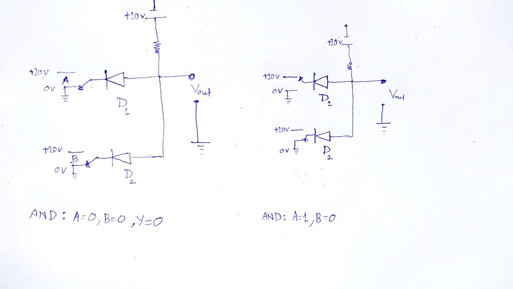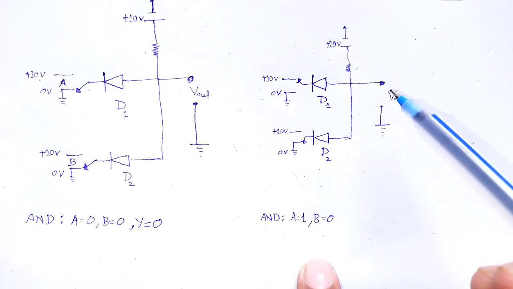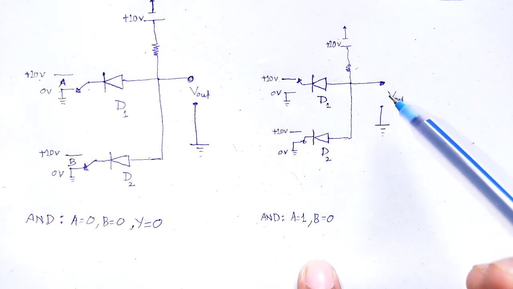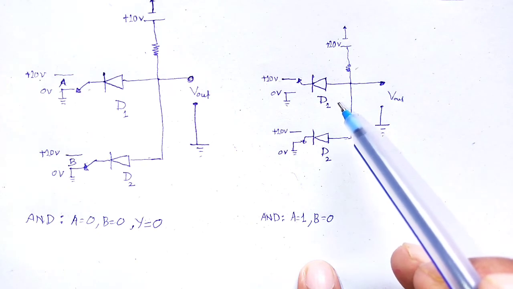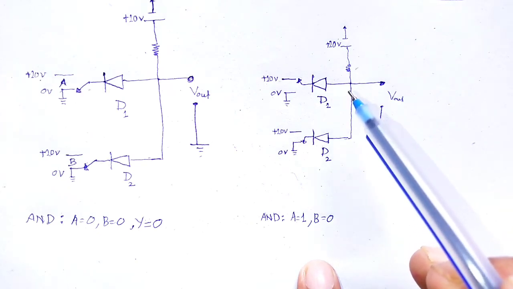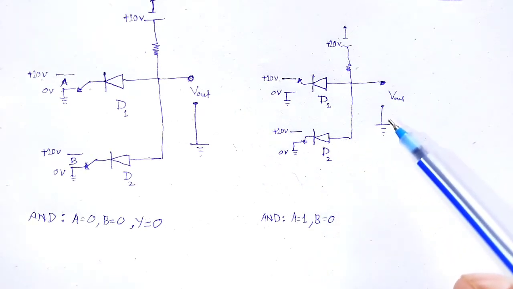At that situation, here on output we have 0 potential, since the diode D1 behaves as an open switch and D2 behaves as a closed switch.